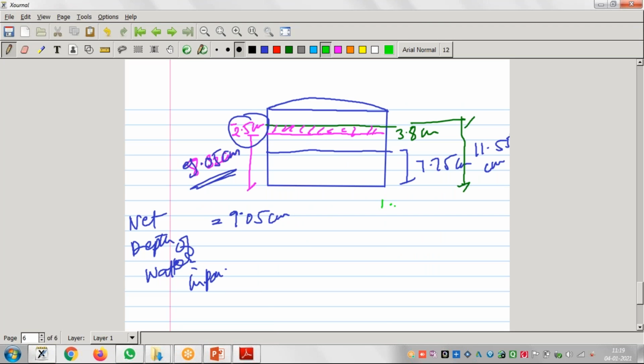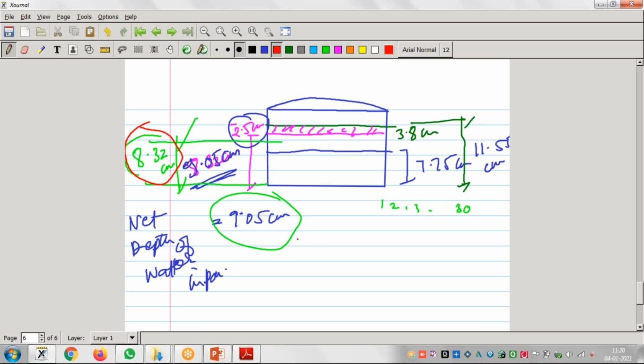After 1 day, 2 days, 3 days, likewise after 30 days, this depth shows that the remaining water is 8.32 centimeter. So the depth of water evaporated is: the total was 9.05 centimeter, but at the end of the month they noted 8.32.